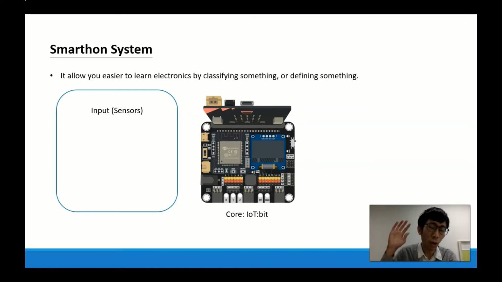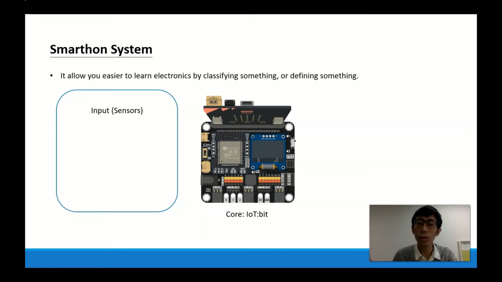We want to make everything easy, so students, teachers, or users do not need to learn electronics from the fundamentals with very technical wording. With smartphone, everything is easier, and the wording is easier to understand for all normal people.